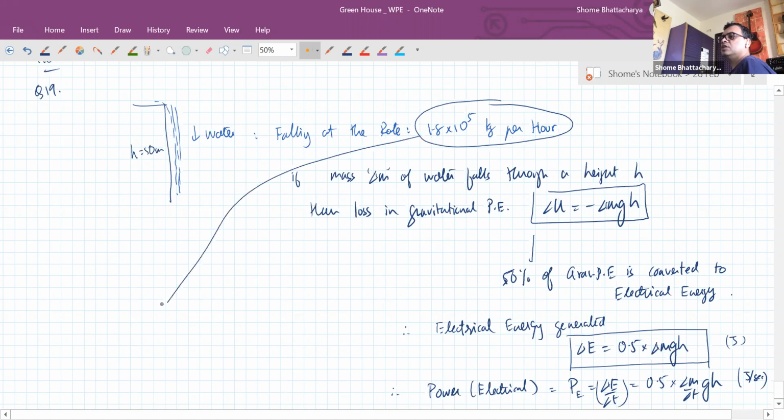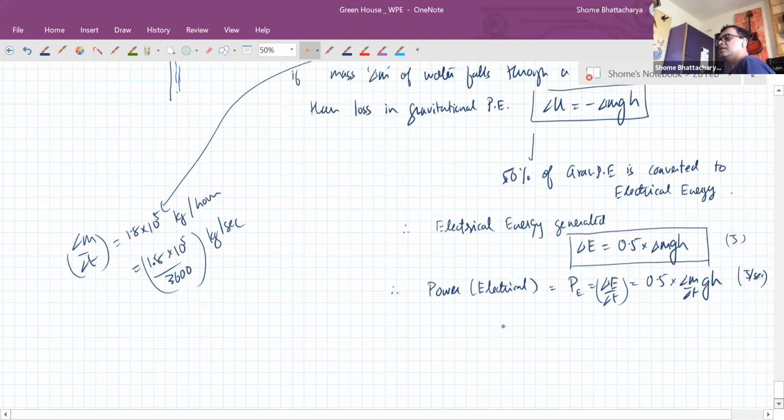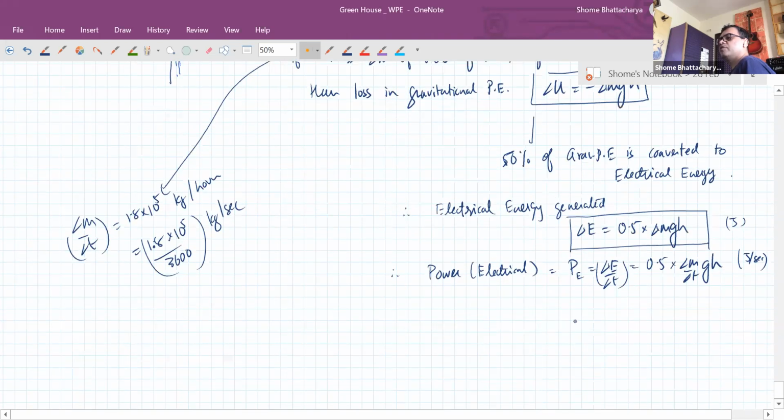This is only our delta m by delta t, which is 1.8 into 10 raised to the power 5 kg per hour, the same thing as kg per second. So the electrical power generated is 0.5 into 1.8 into 10 raised to the power 5 divided by 3600 into 9.8 into 50 meters.